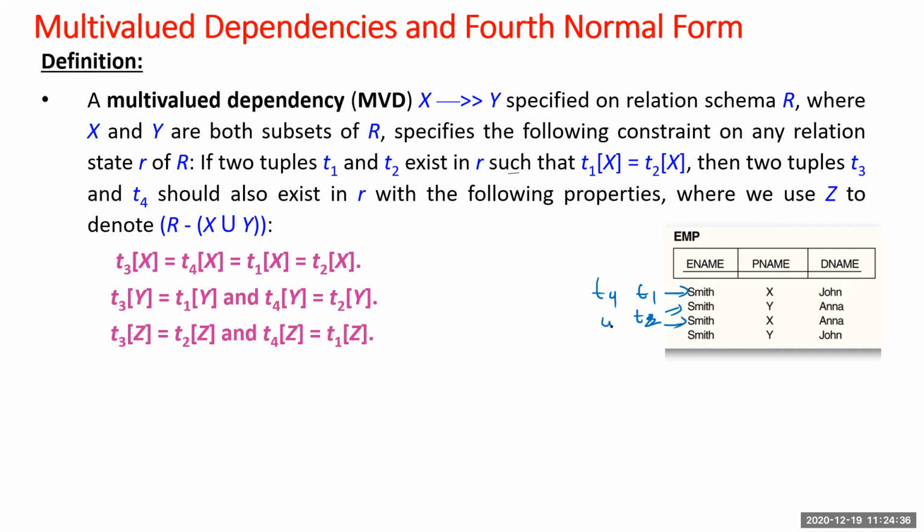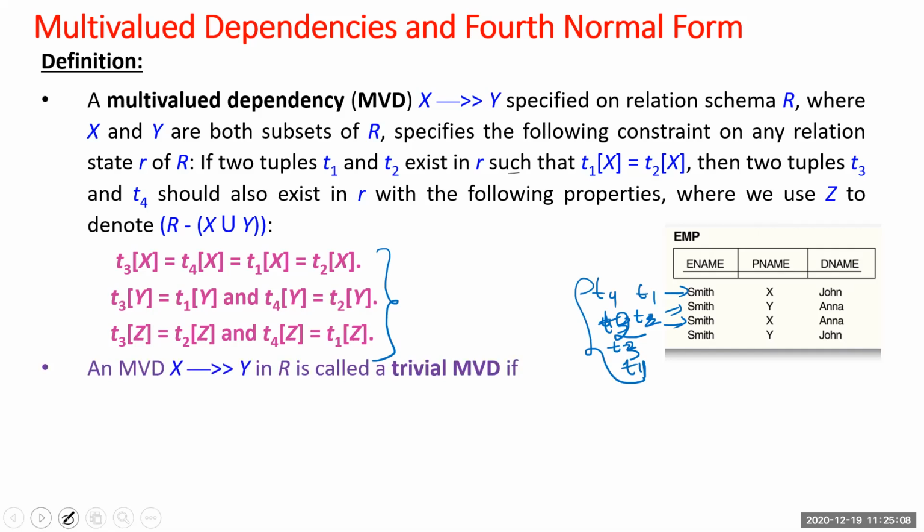You can make any order, T4, T2, T1, or T4, T2, T3, T1. If you feel it is actually a multivalued attribute, you can make these combinations however you want and then prove this condition.